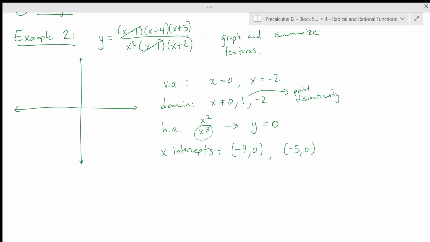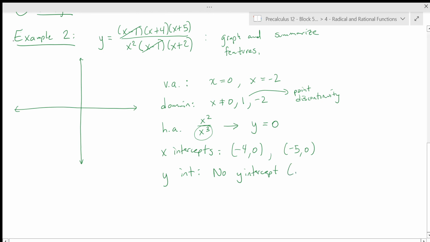Vertical asymptotes, they're walls, you can't cross them. Okay, and finally our y-intercept. We actually don't need to go looking for a y-intercept because x equals 0 is not in our domain. So we have no y-intercept because there is a vertical asymptote there.